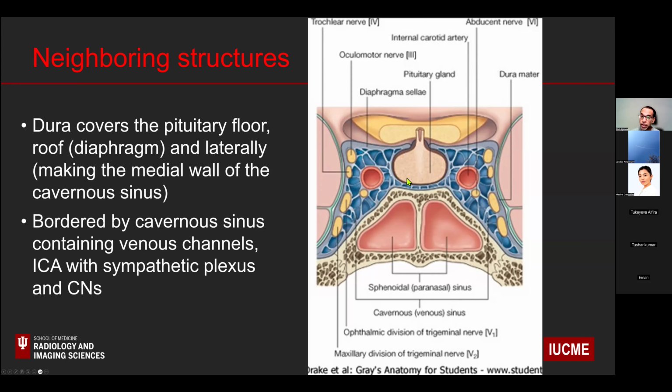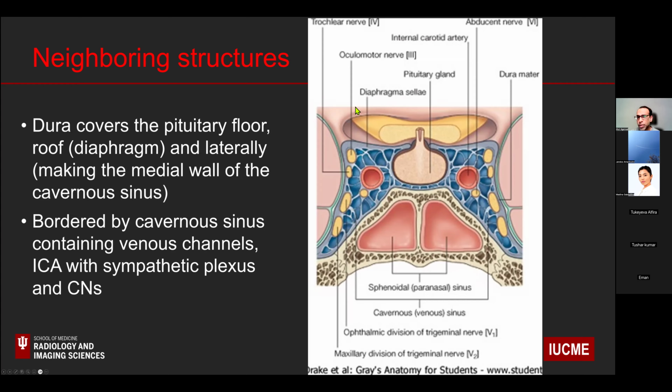What you also see are these nerve roots that are invested by this dural layer. So there's a medial dural reflection, and then there's a lateral dural reflection to the cavernous sinus. And that becomes important when we talk about cavernous sinus invasion in a few slides.